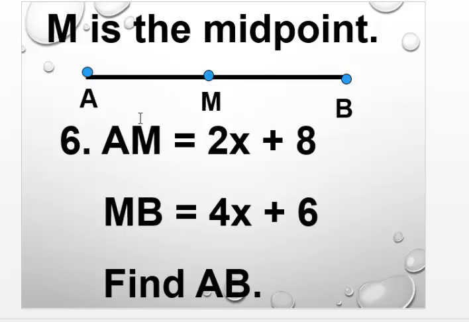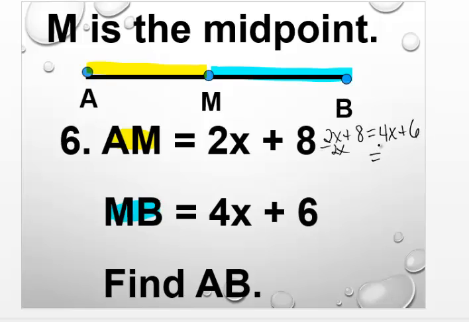My next example, notice I'm given the same two things. I'm given the AM, which is right here, is 2x plus 8. And I'm given MB, right here, is 4x plus 6. Those are equal measurements. So I'm going to set the two segments equal to each other. Subtracting 2x from both sides, I get 2x plus 6.